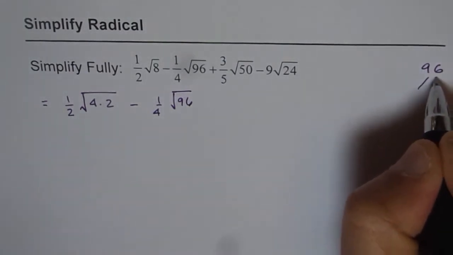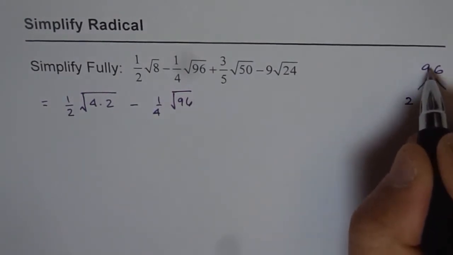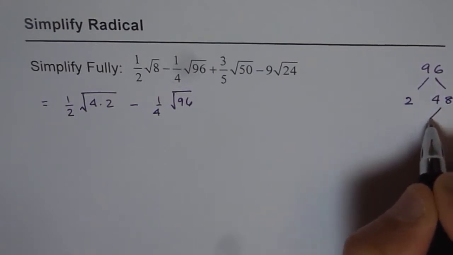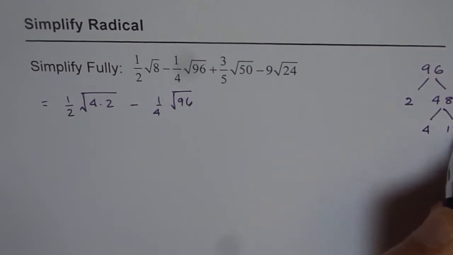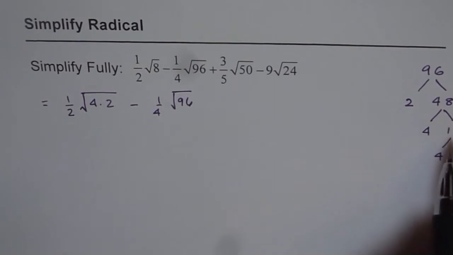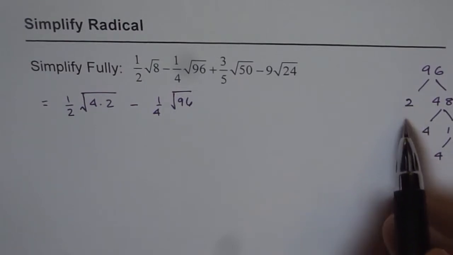So 96 you can divide by 2, for example. So you get 2, and 2 when it goes into 96 is 48. Now 48 is 4 times 12, for example, right? And 12 can be written as 4 times 3. So that is how we can factorize it. You can check 4 times 3 is 12, and 12 times 4 is 48, and twice 48 is 96.